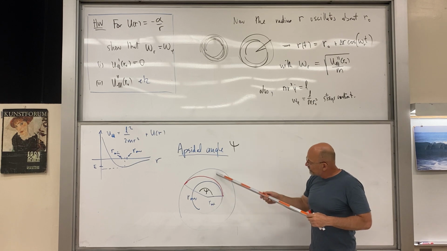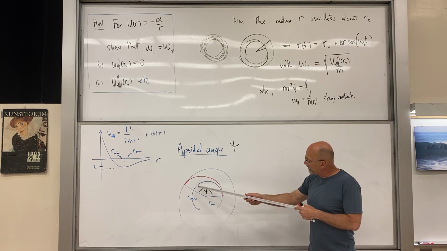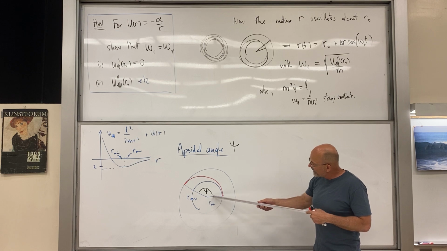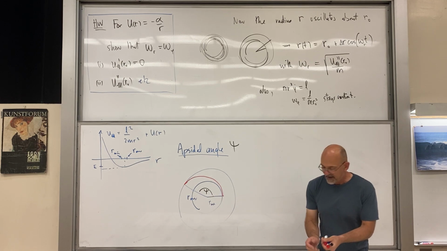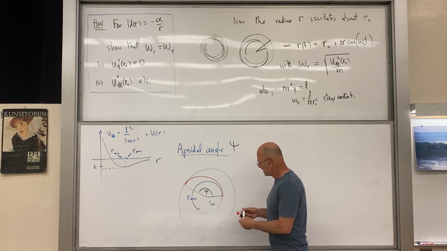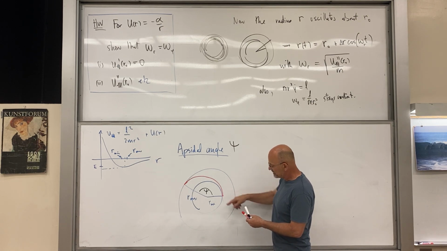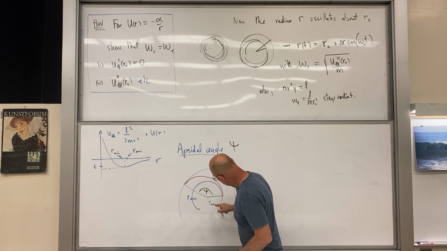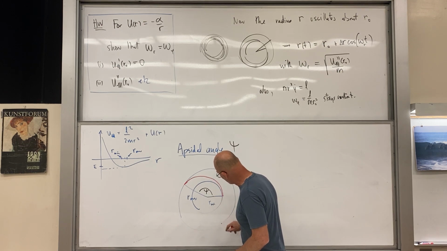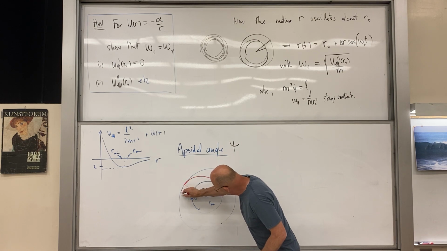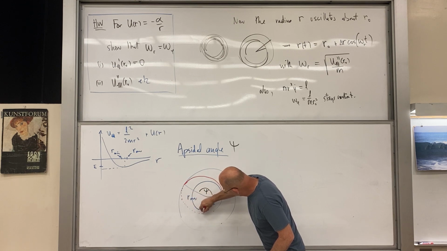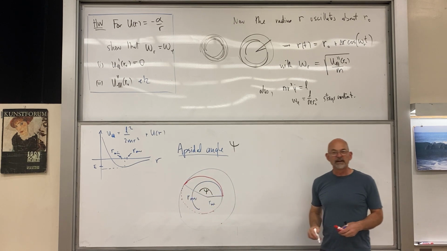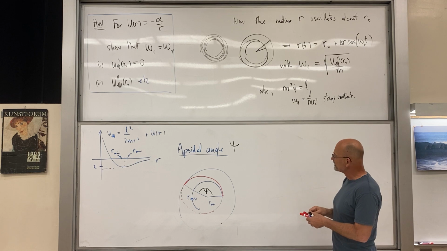Having swept out psi like this, as the orbit continues, it would sweep that same amount out again, and we'd end up somewhere down there. I'll just indicate that with the dotted line, just so you see we're not returning to the original point. So that's like pi minus a bit. We're going to end up something like down here. And that would mean we'd end up like that, and on and on. Okay, so there's our apsidal angle psi.